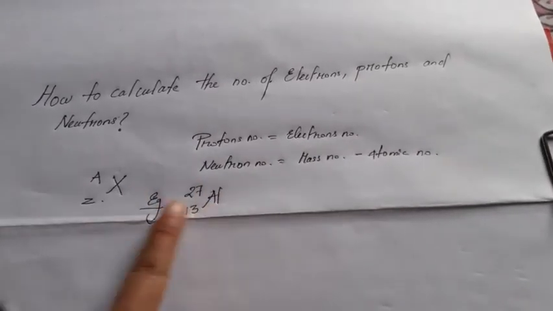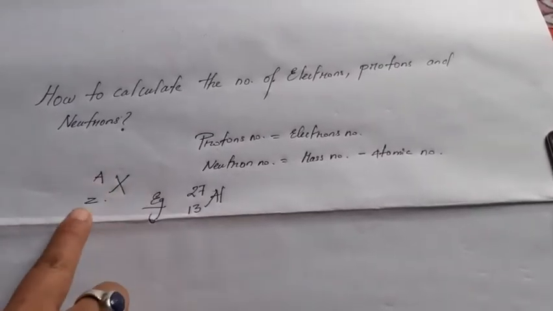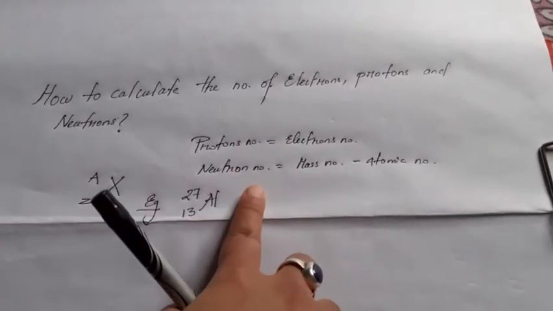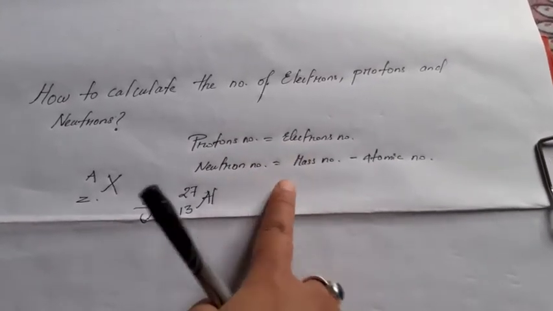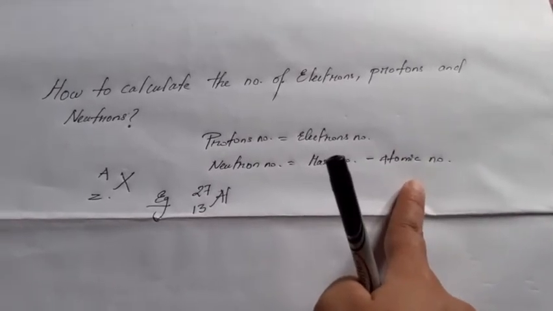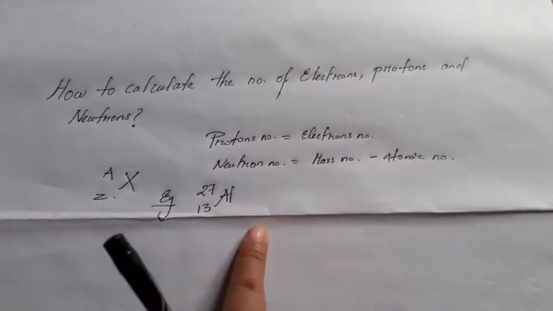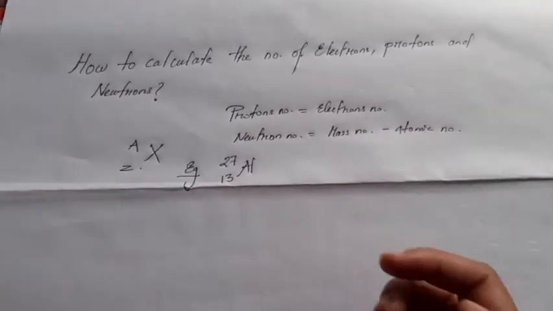This is the important thing that we have to remember, how to represent an element, that is X, A by Z, and these two terms: proton number is equal to electron number, and neutron number is equal to mass number minus atomic number. We should clearly remember these three points. Now let me give you an example.